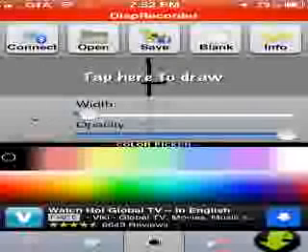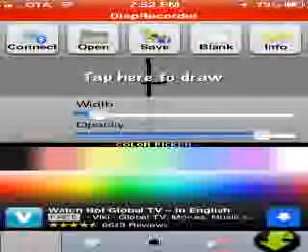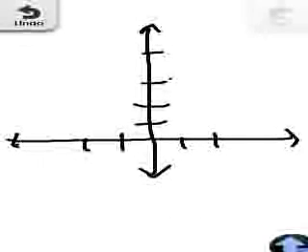Maybe we use red dots. Yeah, there we go. When x is 0, y is 1. Right there. When x is 1, y is 2. When x is 2, 2 squared is 4. Right there. That's 4.